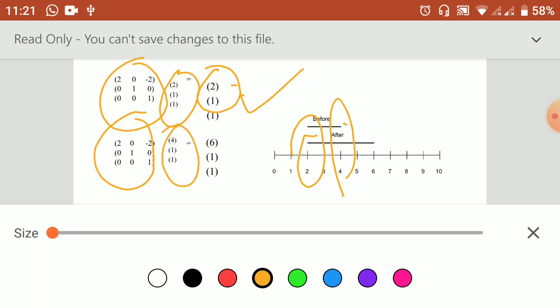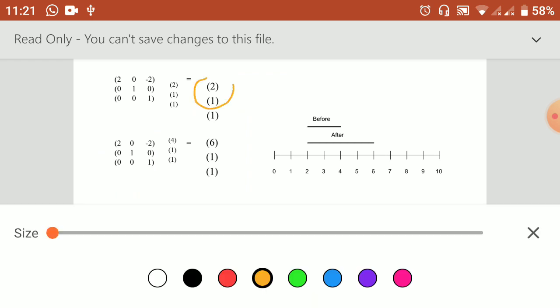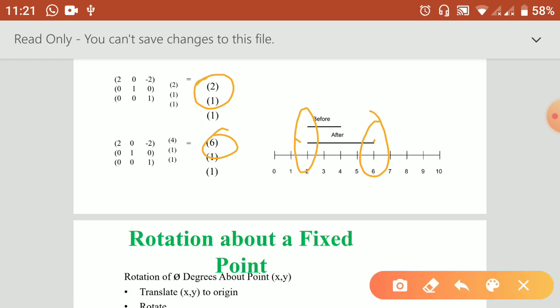We write it as 4 1 1, and after multiplication we get 6 1 1, meaning the resultant coordinate is 6 1. So the resultant line will be between 2 1 and 6 1.